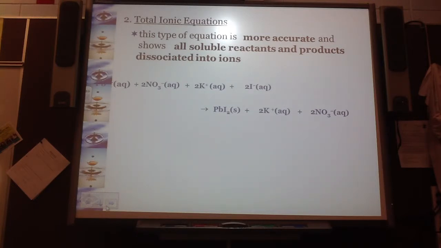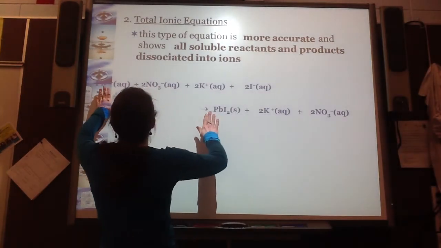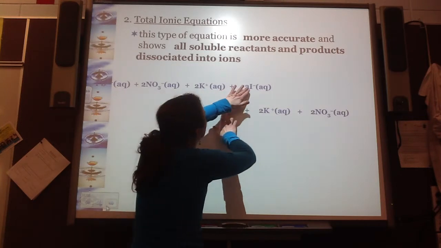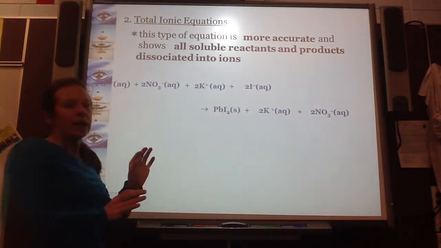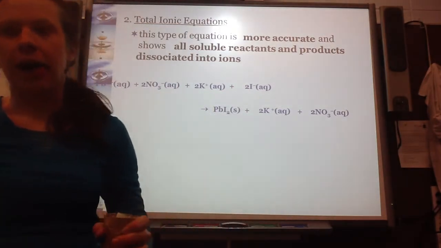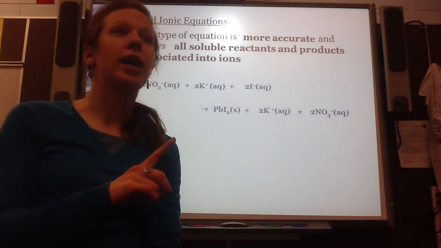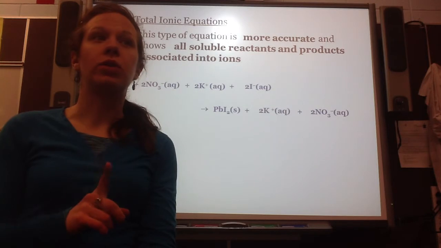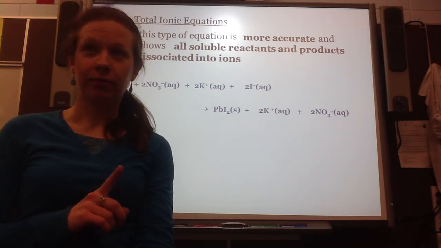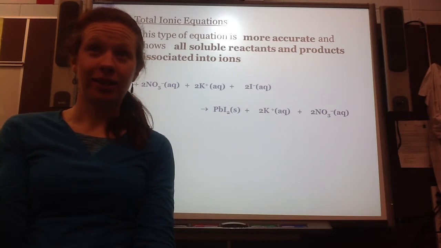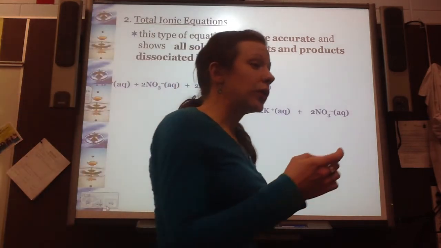We have 1 lead ion, 1 lead ion. 2 iodide, 2 iodide, okay? You see that? Now, just like in math, if the exact same thing is on both sides of the equal sign, what can you do? You can cancel it, right? So that's what we're going to do next.